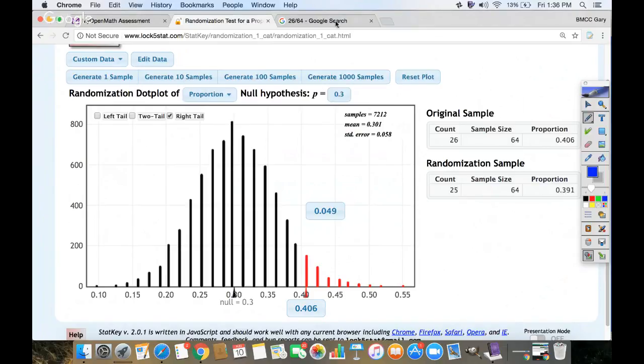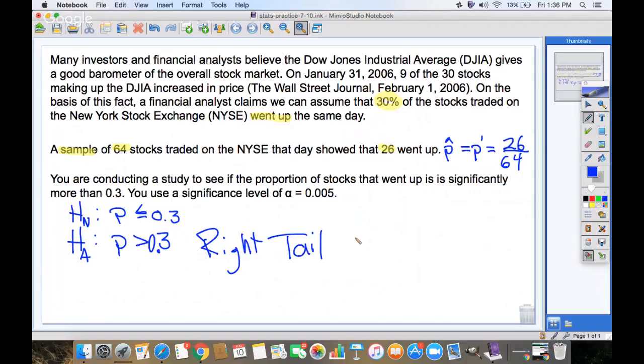Now, I also have a more hardcore test because I was told to use a significance level of 0.5%. So that's my alpha. That's the last thing I do here besides interpret it. So alpha, we want to compare alpha to the p-value. Now, if we want to reject the null hypothesis and accept the alternative, then we're hoping for an unusual event.